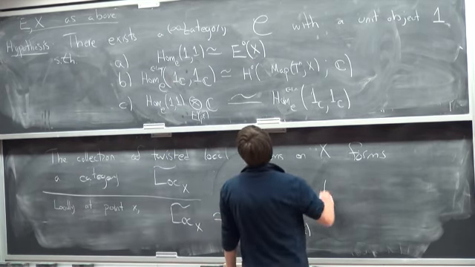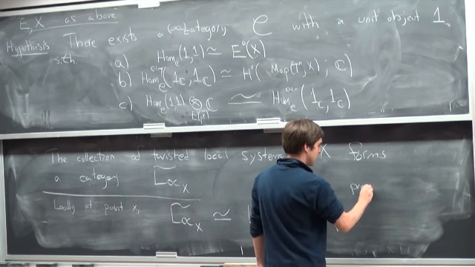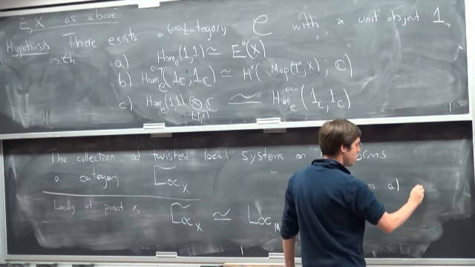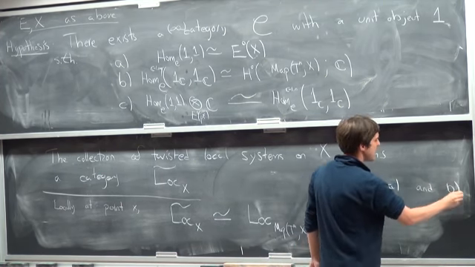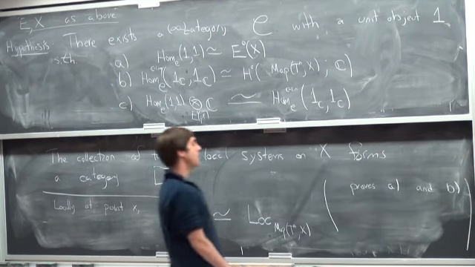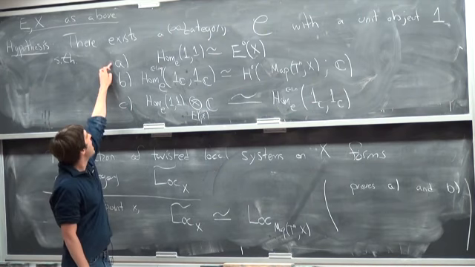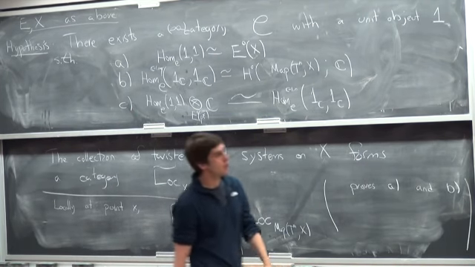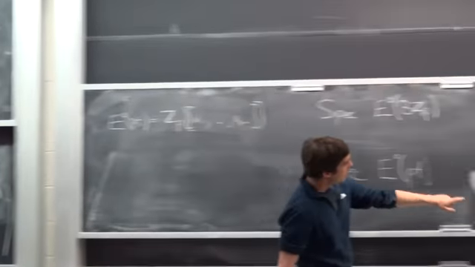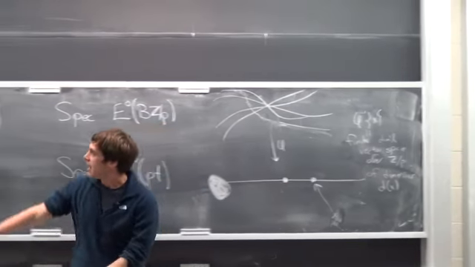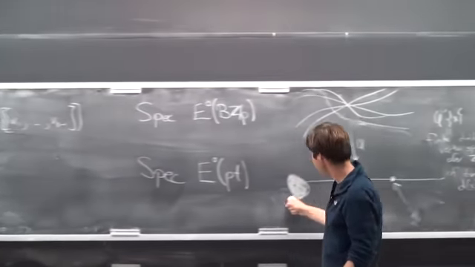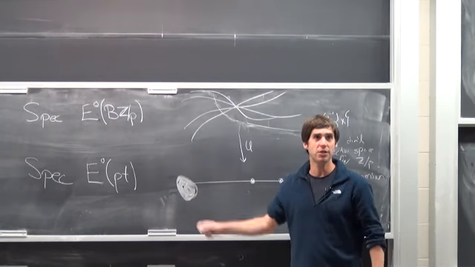And I want to say now, if you believe this, this proves A and B. Because A is a calculation that you do when you're completed at this central point, and B involves a calculation that you do when you're completed with respect to this generic point.